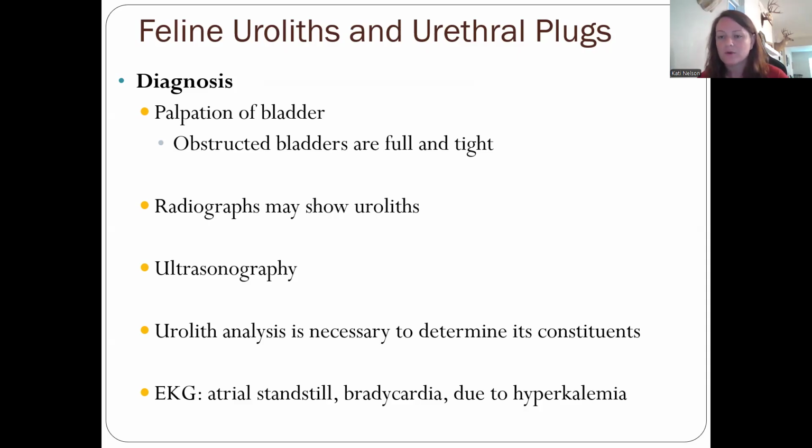So that's the thought process: you give them insulin, it opens the cells, glucose and potassium go inside of the cells, and then we can just give them injectable dextrose to get their glucose back up to normal. So it's kind of a process.